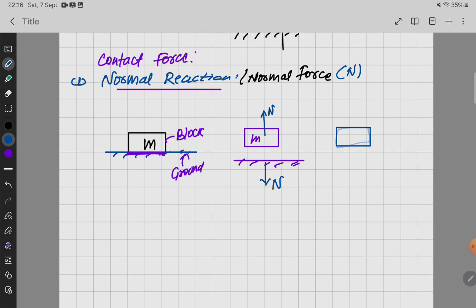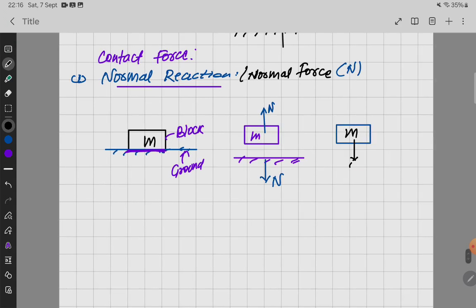So now if I have to draw free body diagram of this block, so how I will draw? Here see, here mass m, right? Here on this block earth is applying one force, gravitational force. So this is mg. Now here see, this is the normal reaction that ground is applying on this block, right?